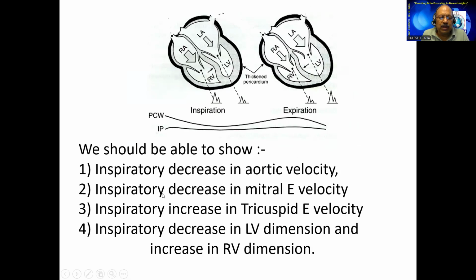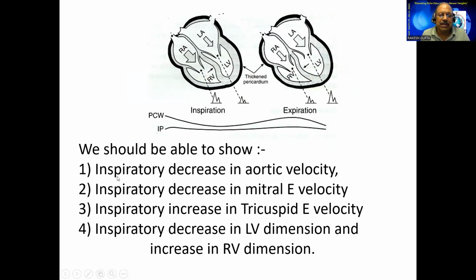I wanted to explain the inspiratory increase in tricuspid flow velocity, inspiratory increase in pulmonic flow velocity, inspiratory decrease in aortic flow velocity, inspiratory decrease in mitral E velocities, inspiratory decrease in LV dimensions, and increase in RV dimensions.